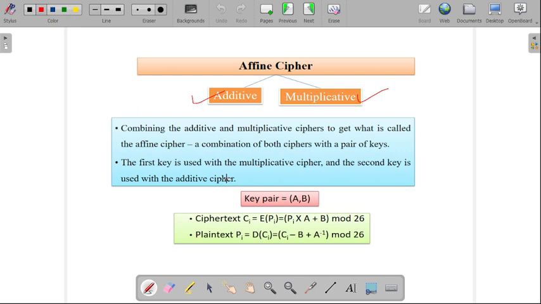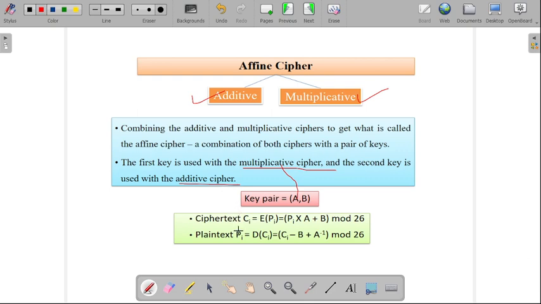So the first key is used for the multiplicative cipher and the second key is used for the additive cipher. That's why it is called the combination of additive and multiplicative cipher. In the given example, the key pair is given, that is A, B. The first key is referred to as the multiplicative cipher key and the second key is referred to as the additive cipher key.